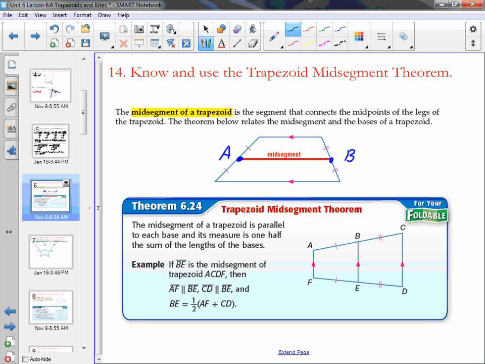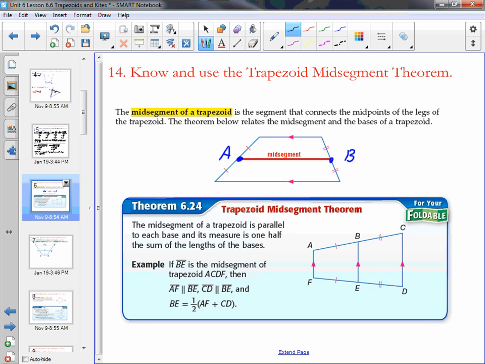This is on page 437. The mid-segment of a trapezoid is the segment that connects the midpoints of the legs of the trapezoid. A mid-segment connects the midpoints of the legs.